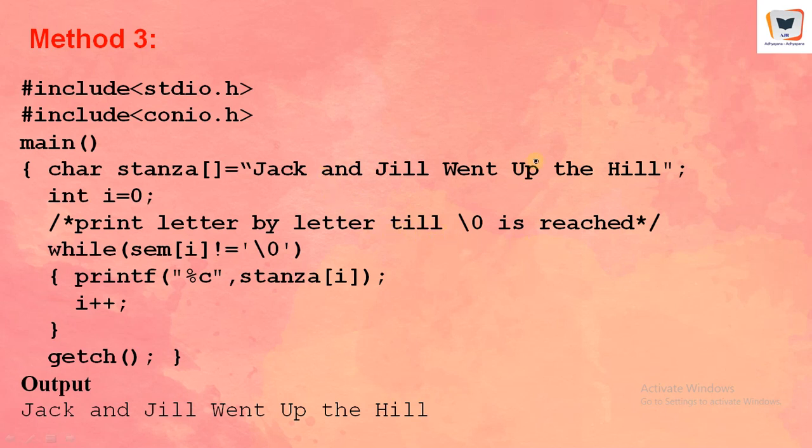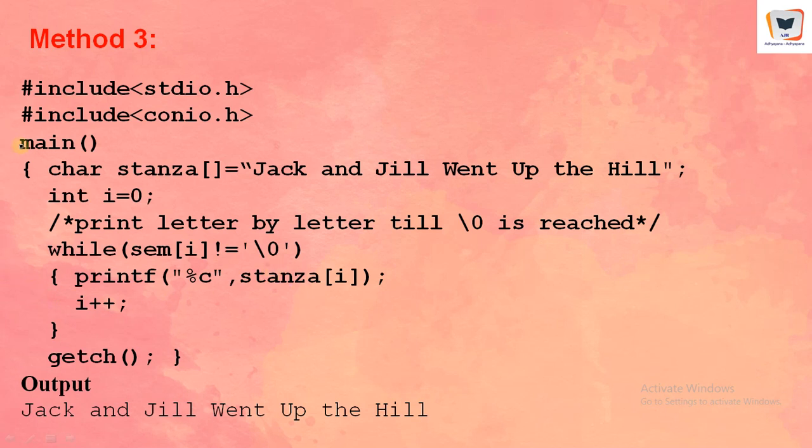So name of 0 means J, name of 1 is A, name of 2 is C, name of 3 is K. Like this it goes on printing till the null character is reached. After this, null character is reached, and it is not going to print, because the condition is as long as the null character is not reached, so long you are going to print the string character by character.